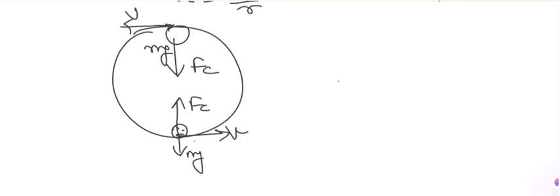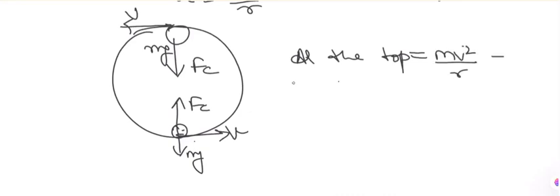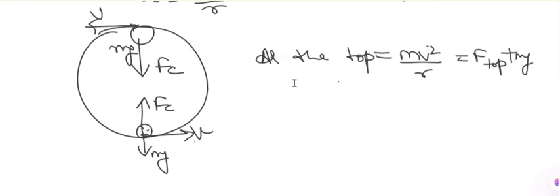So when you talk about at the top, what is happening is that mv square over r is equal to F top, and that is added with mg. Correct? So my F top will be equal to mv square over r minus mg.